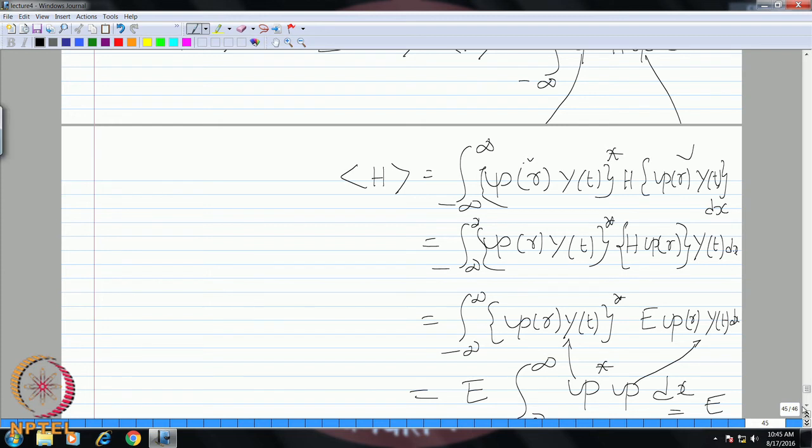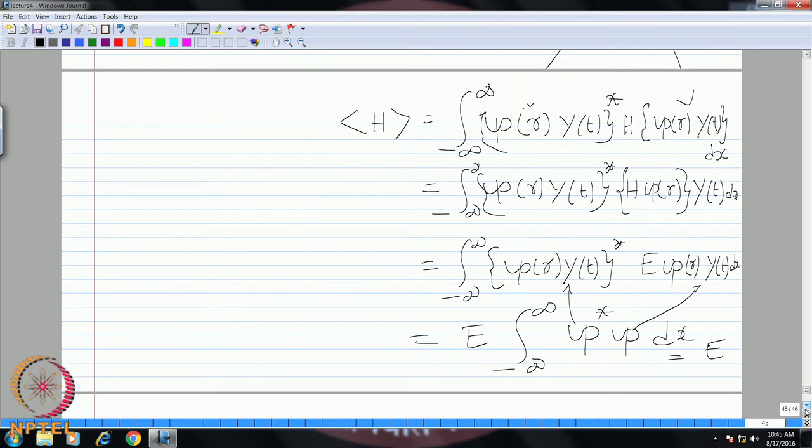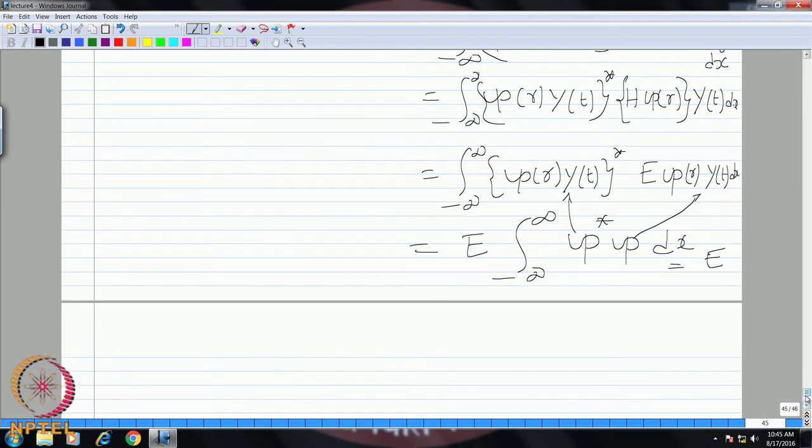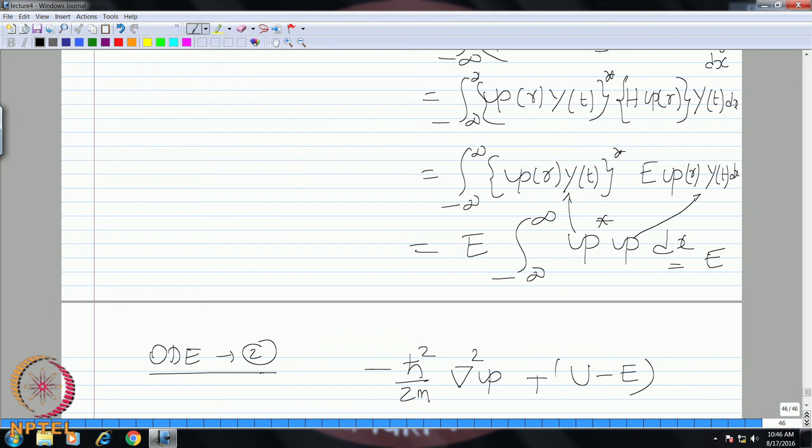Okay. So, therefore, we can rewrite the equation 2, the ODE 2 in space, can be rewritten as minus h square by 2 m del square psi. We can bring the E to the left hand side and we can write this as u minus E psi is equal to 0.